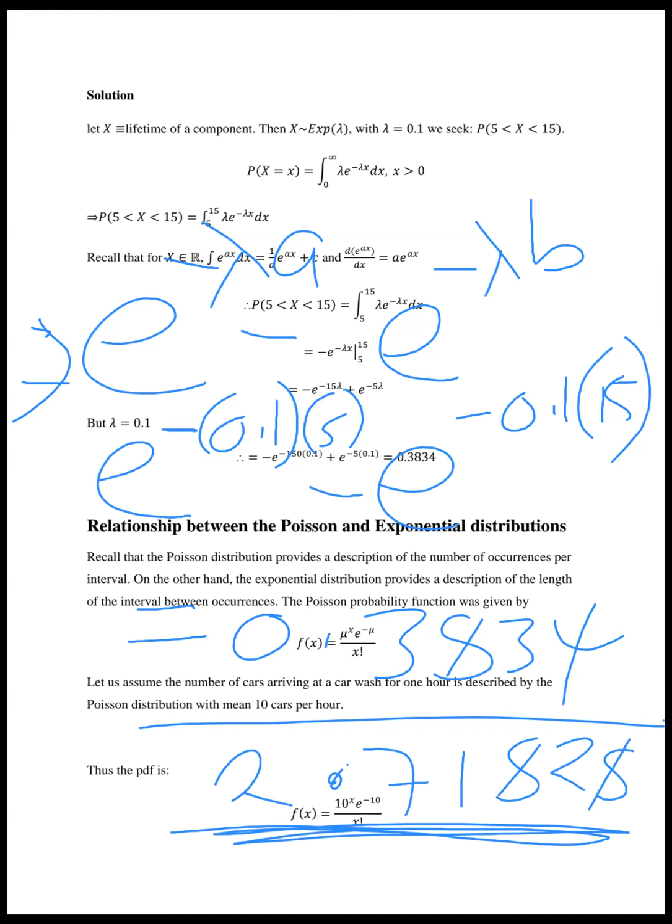That's the number that you put for e. So e raised to the power negative 0.1 times 5, and you write the answer. Again, you say minus e to the power negative 0.1 times 15, then you basically get the solution.